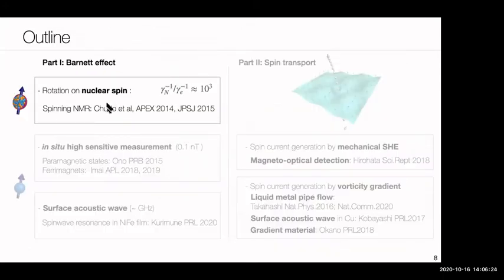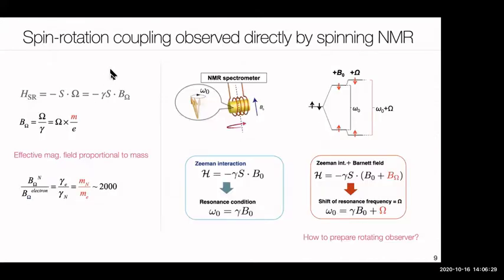So now let's move on to the first topic. Let's consider how to directly detect the spin rotation coupling. As I told you previously, the spin rotation coupling is a kind of Zeeman coupling, and this effective magnetic field is proportional to the mass.